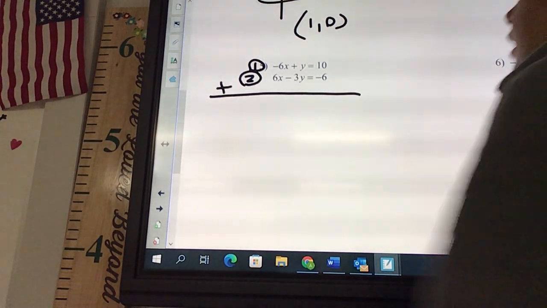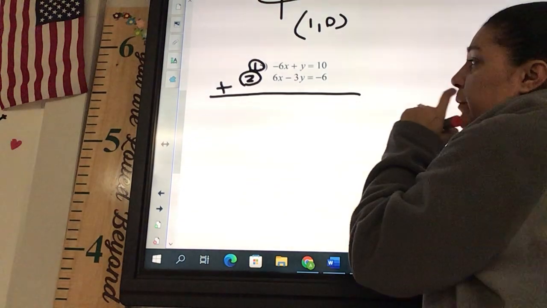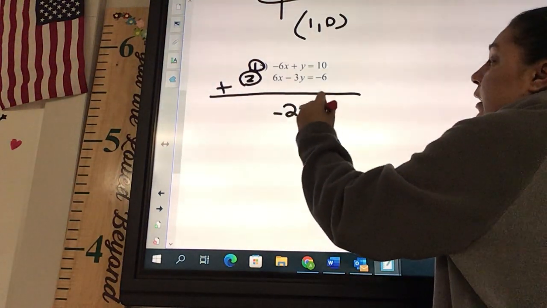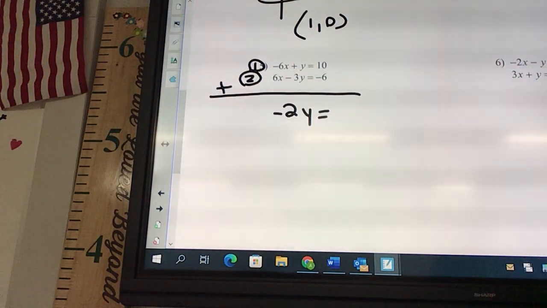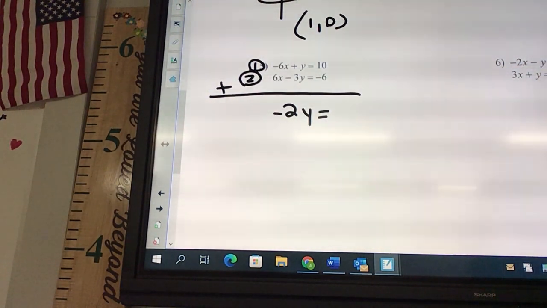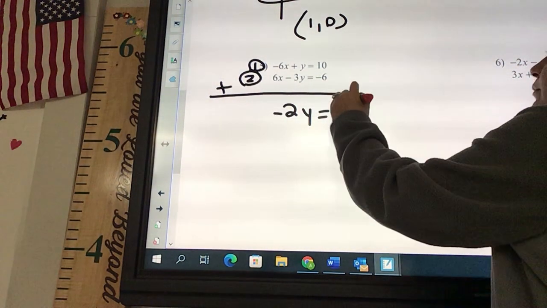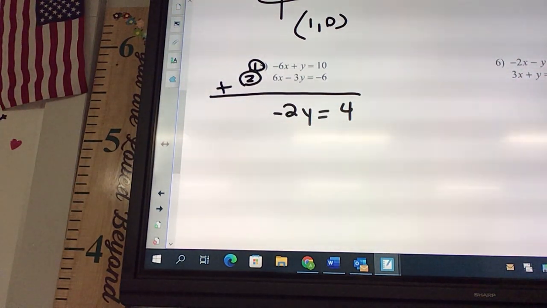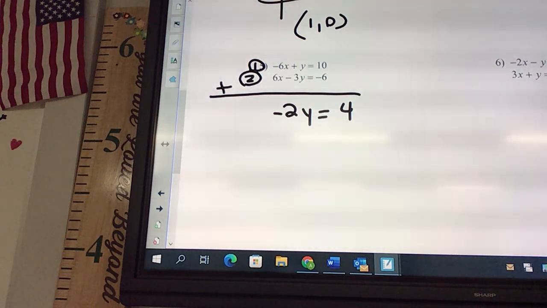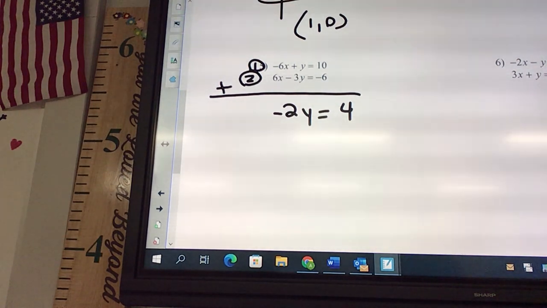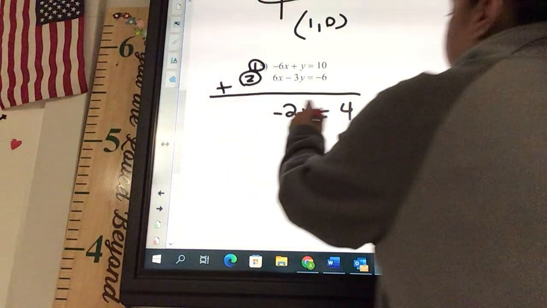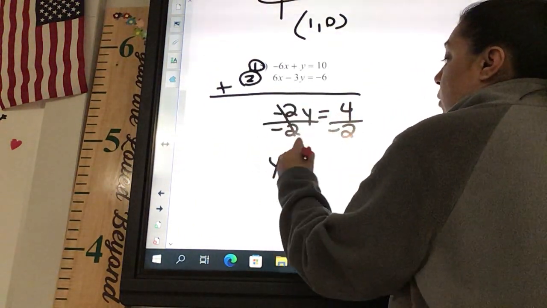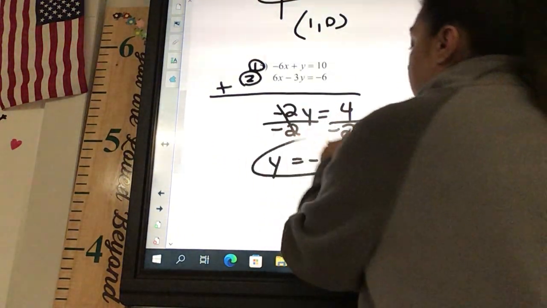Okay, so up here you're gonna 1y minus 3y is gonna be -2y equals, what is 10 plus -6? 4. Okay, and then we're gonna divide by -2. And I got y equals -2.